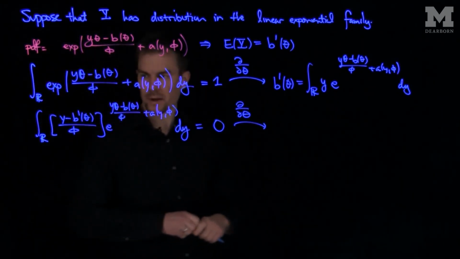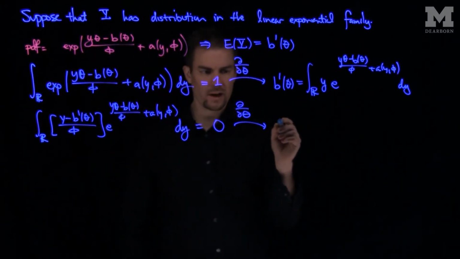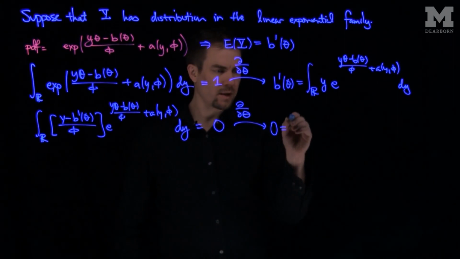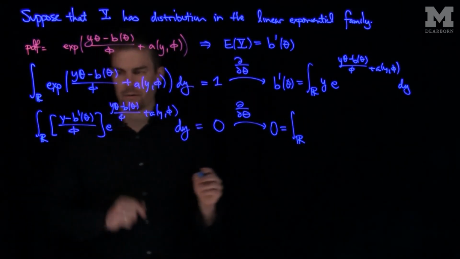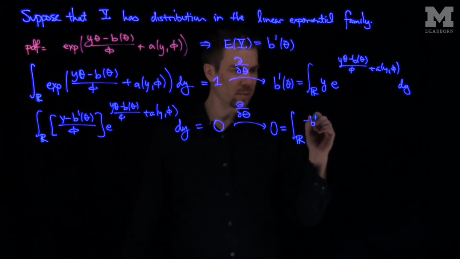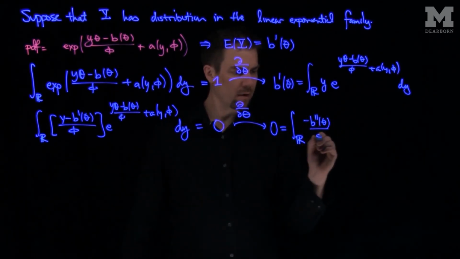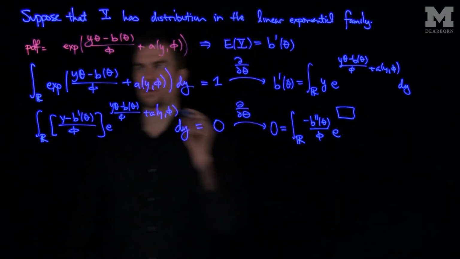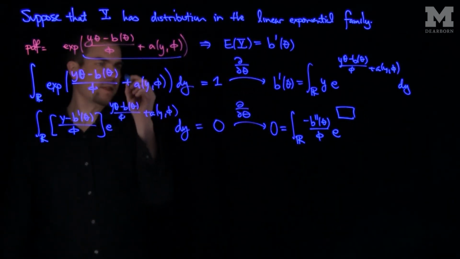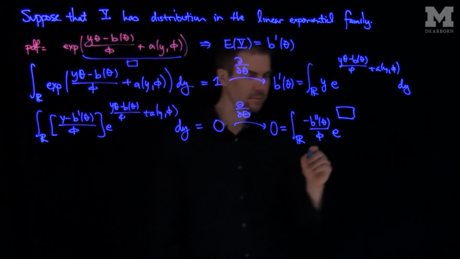So what we'll get is the following. 0 is equal to the integral over R of the derivative of the first term, which will be negative b double prime of theta over phi, times the exponential of the standard factor. This whole thing over here, we'll just put in a box.